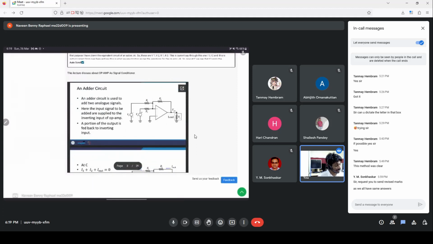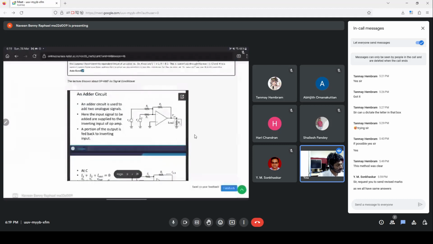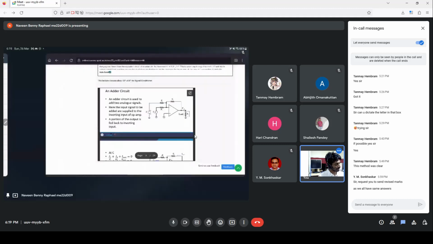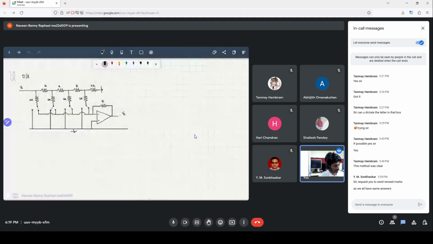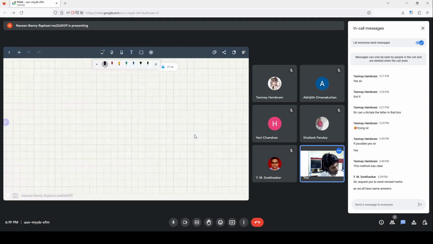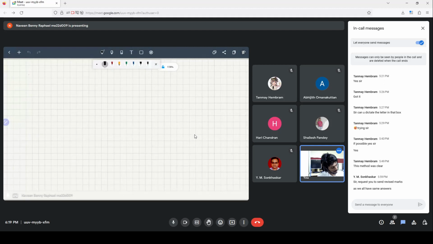So technically speaking, we can also use the adder circuit to make the operational amplifier work as a digital to analog converter. In the sense, we have an input V0.